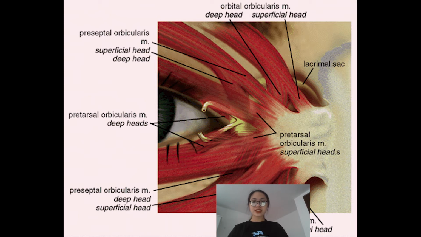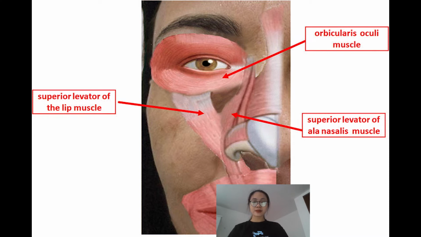Eye movement is under the control of 6 muscles. The 6 muscles that control the eyes are the superior rectus muscle, inferior rectus muscle, medial rectus muscle, lateral rectus muscle, superior oblique muscle, and the inferior oblique muscle.